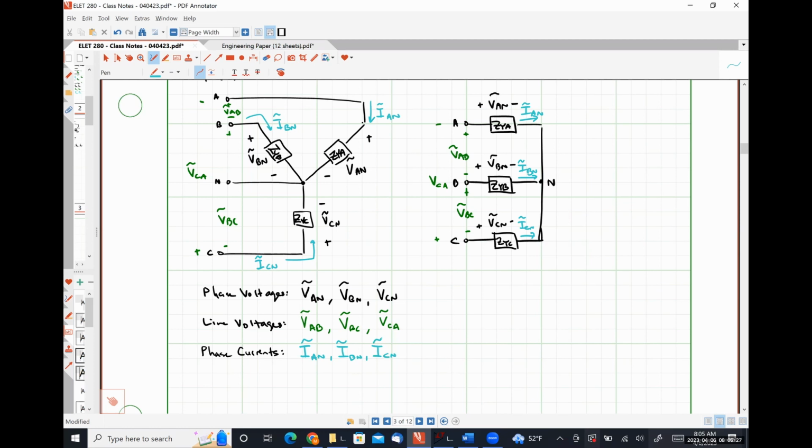So these are all of our quantities for our Y connected load. So the last load that we need to look at is then our delta connected load. This is going to be very similar looking to our delta connected source, except it's going to be full of impedances.